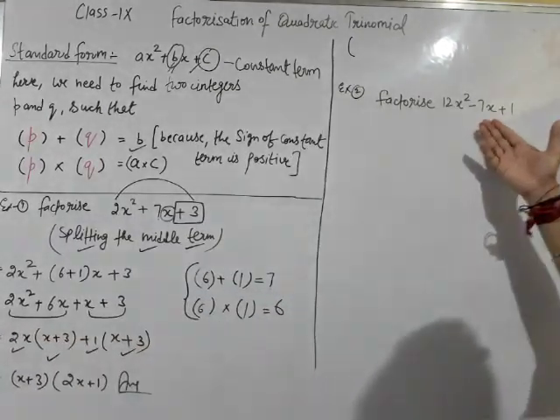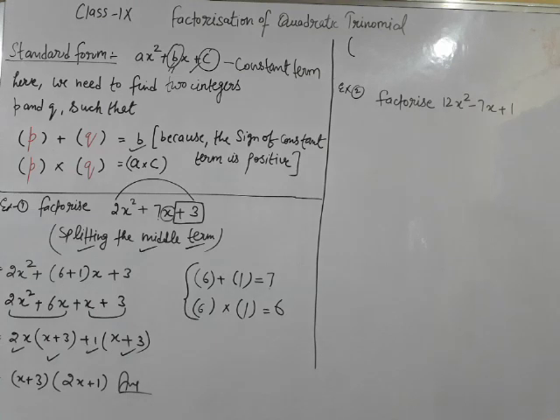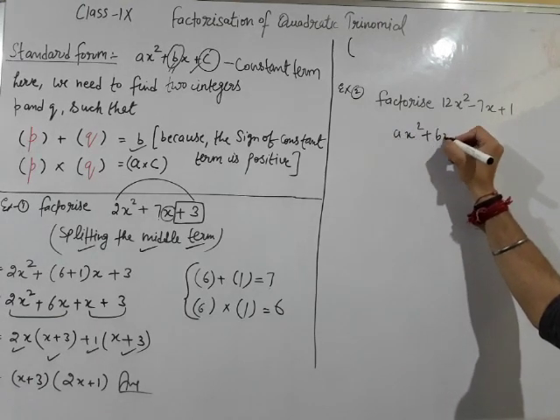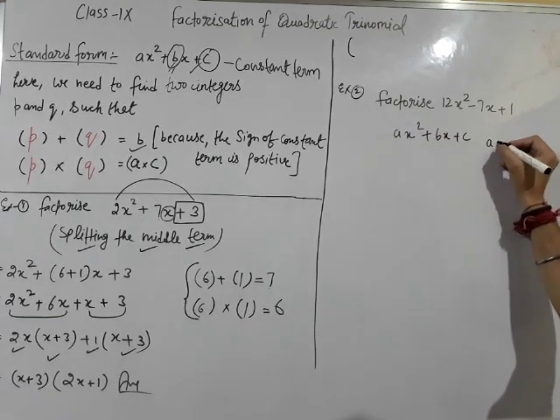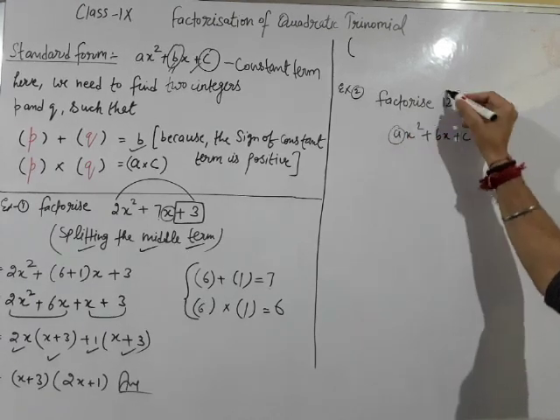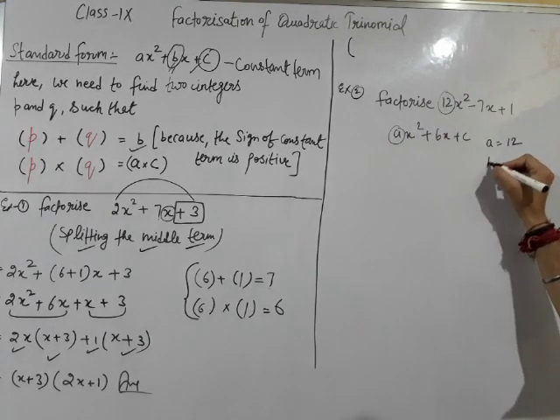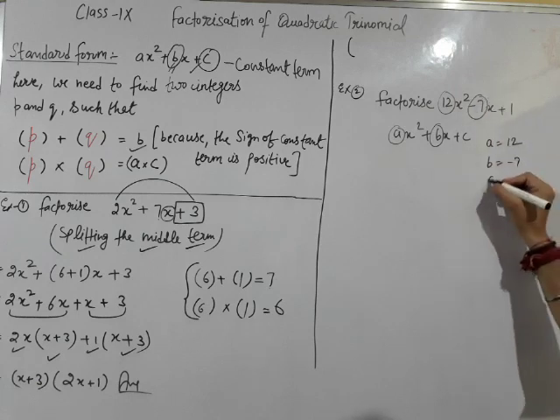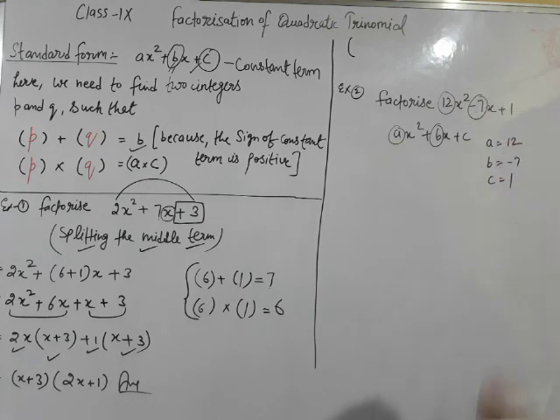Factorize 12x square minus 7x plus 1. Same pattern, we will solve the second example. The constant term here is 1. Compare it with ax square plus bx plus c. We get a is equal to 12, b is equal to minus 7 and c is equal to 1.